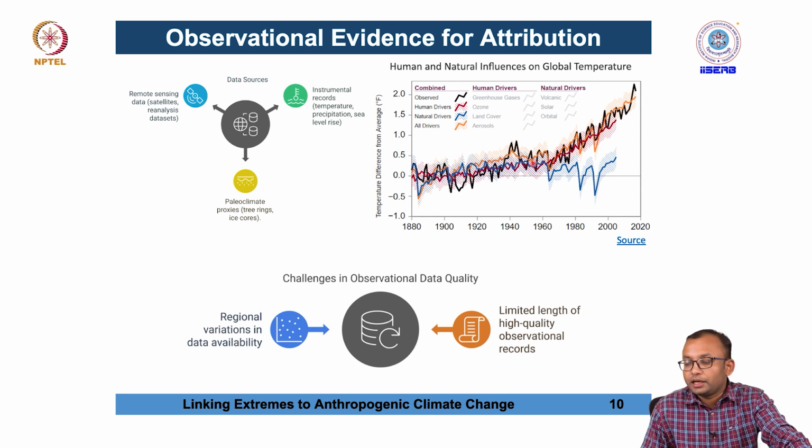the observational studies. For example, here it is very clear: if you look at the temperature difference from the average, the natural variability cannot explain the observed rise in temperature.